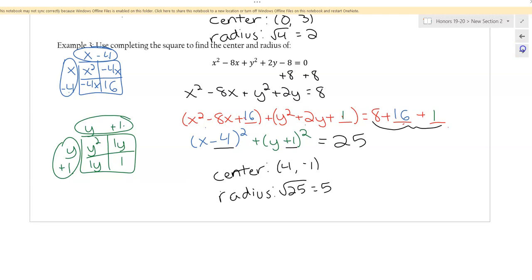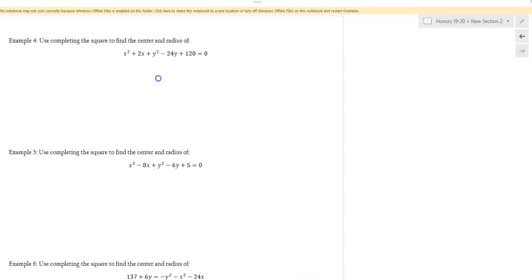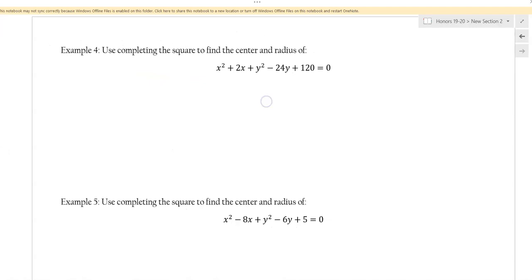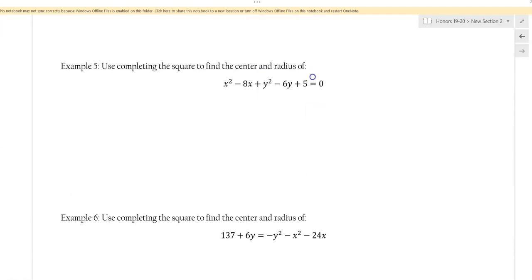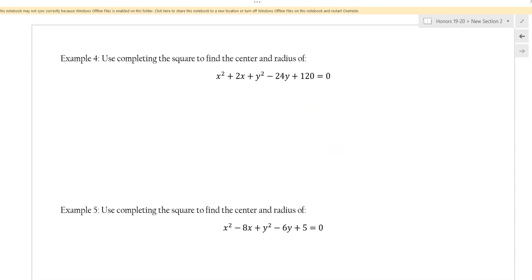All right, let's look at the next page. Looking at example 4, same type of thing. Here, that's okay. So again, I'm going to start by moving that 120 to x squared plus 2x plus y squared minus 24y plus 120.